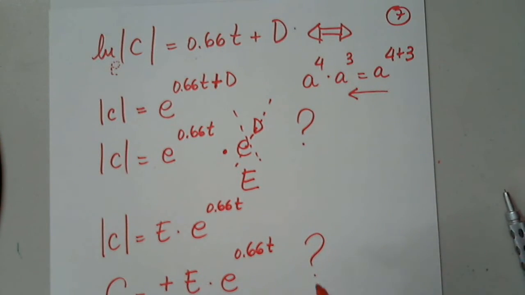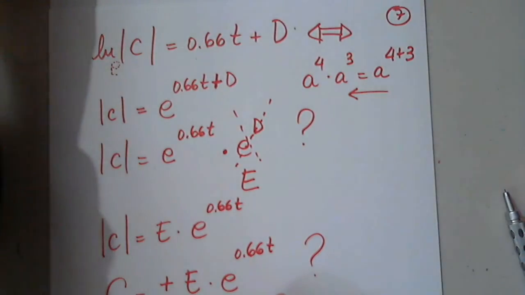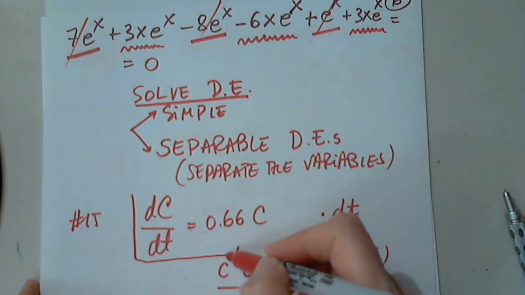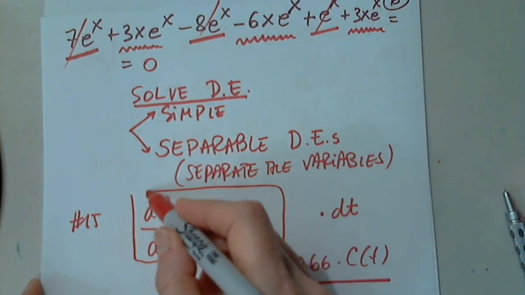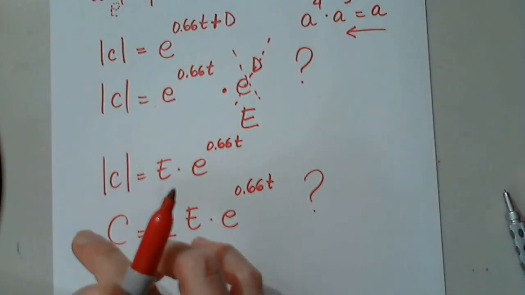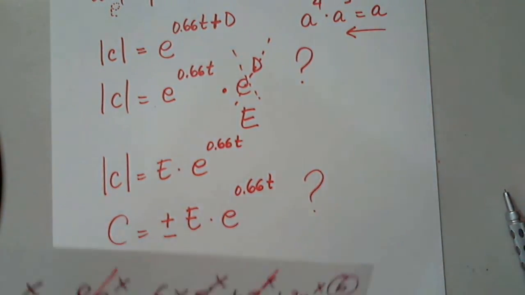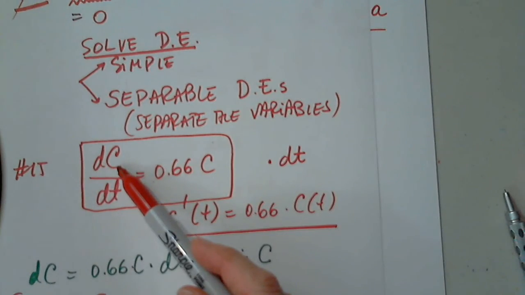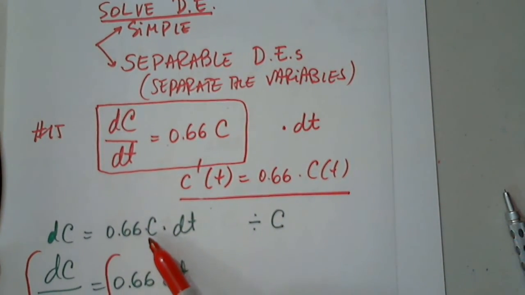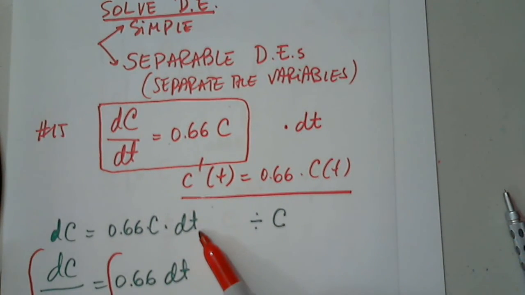What does this mean? It means that this function satisfies this differential equation. If I differentiate, and that's what they want, if I differentiate both sides, I should get dc equals 0.66c times dt.